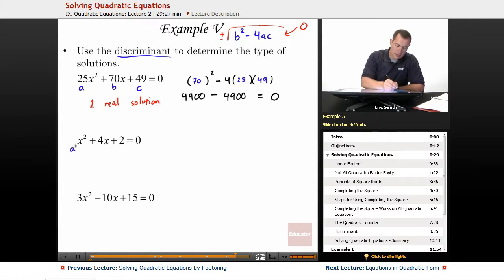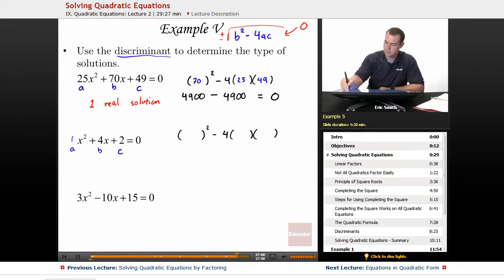So I have a is 1, b is 4, and c is 2. Okay, so b would be 4, minus 4a and c, and then we'll multiply all that together. So 4 squared is 16, 4 times 2 is 8, and 16 minus 8 is 8.